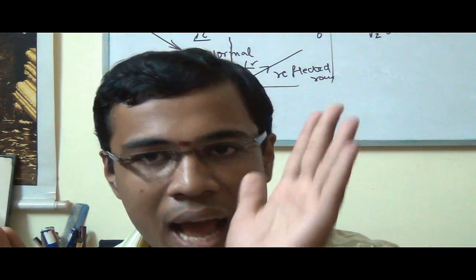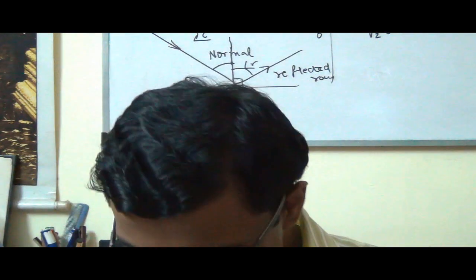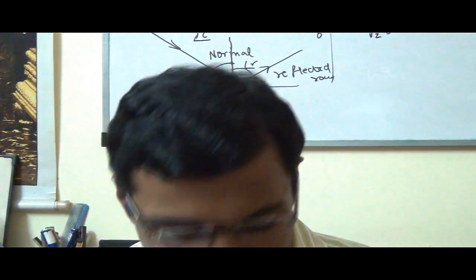That is, the angle I that the incident ray makes with the normal is 0 degrees, meaning it is coinciding with the normal. Then the ray is of normal incidence. Similarly, when the ray is reflected back, that also goes along the normal and obeys the laws of reflection. Okay, clear with the concept?